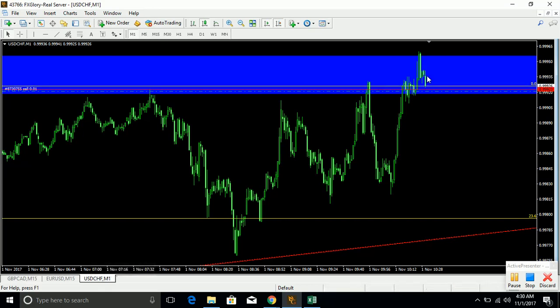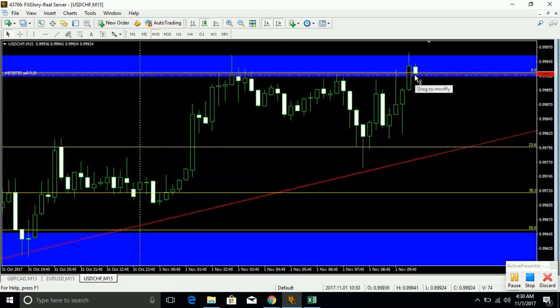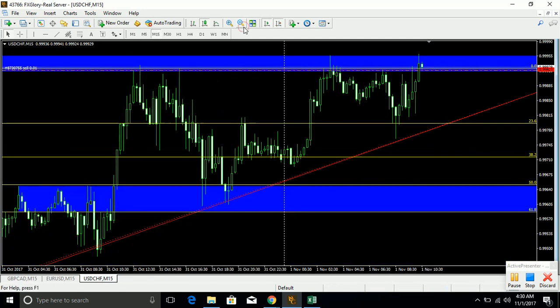Okay, so here we are getting that real aggressive push from the high on this USD CHF. And we'll see how that push continues down throughout the next 30 minutes.